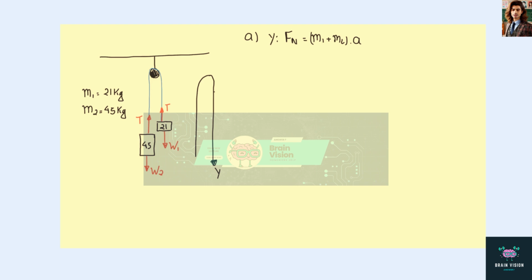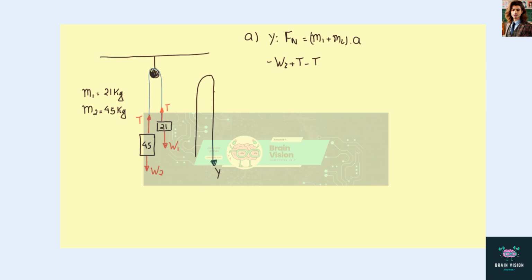And this goes as follows. The weight number 2 points to the negative y direction, so minus weight number 2. The tension number 2 points to the positive y direction, minus the tension number 1, which points to the negative y direction. Note that both tensions are equal because the cable is considered to be an ideal cable, so it can't be stretched nor compressed.